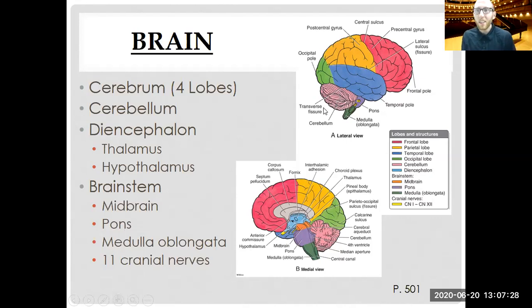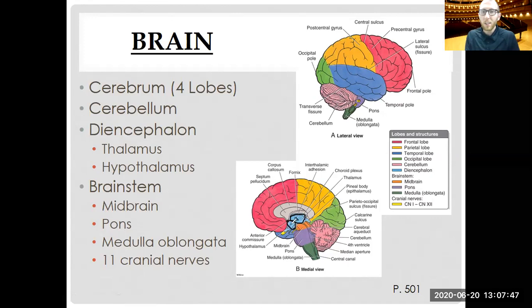Also note that oftentimes there's a word to classify multiple structures. For example, the diencephalon is the thalamus, and I'll draw this here, thalamus and the hypothalamus. So number 1 would be the thalamus, number 2 would be the hypothalamus.